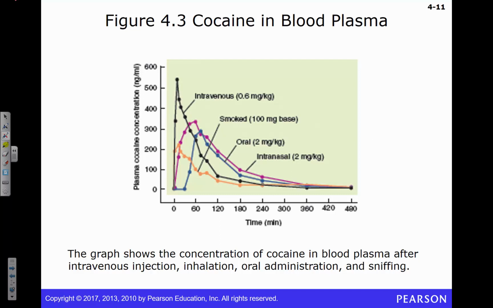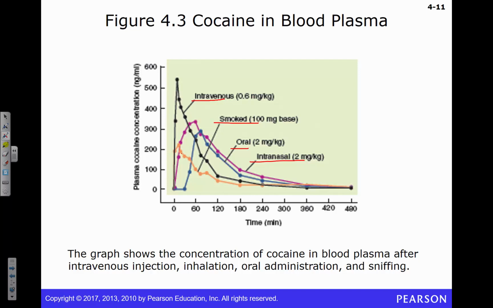All right. Here's a nice graph measuring cocaine in your blood plasma over time. This is showing you the various routes of administration, right? So here we have IV, we have inhalation, we have oral administration, and we have intranasal, so snorting.